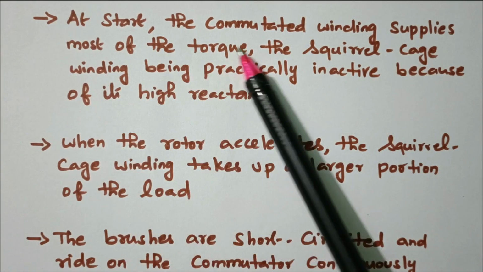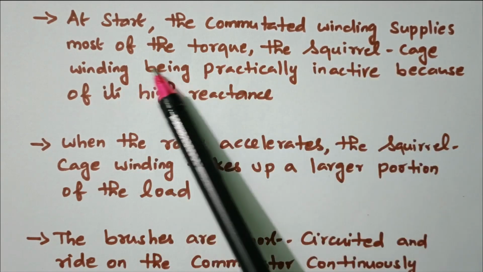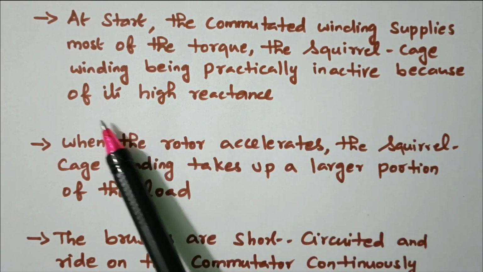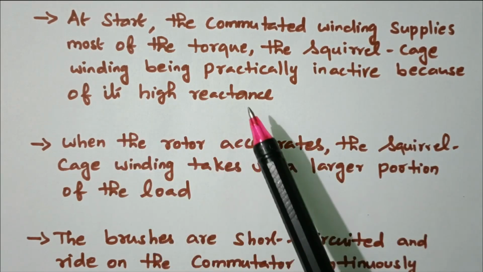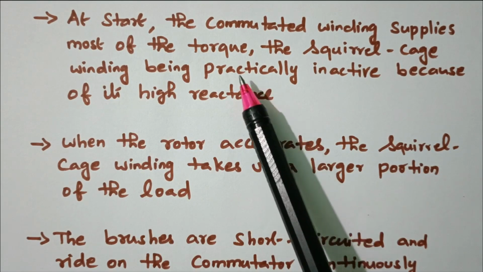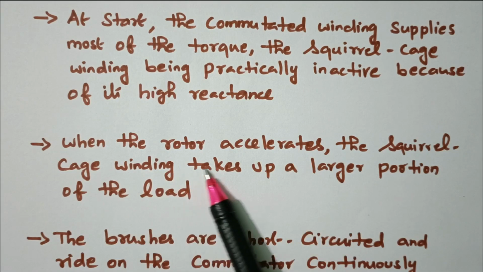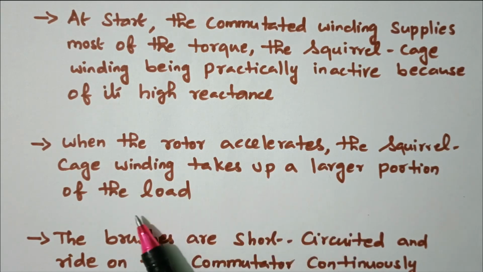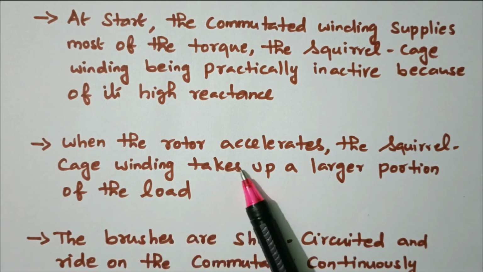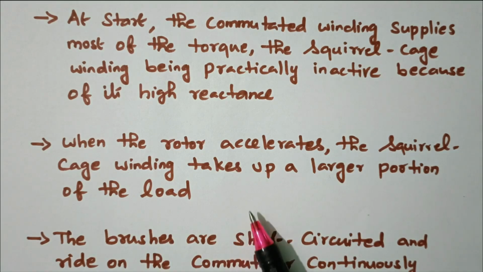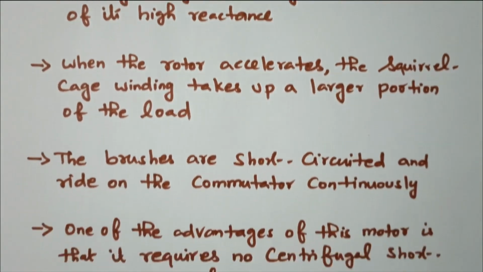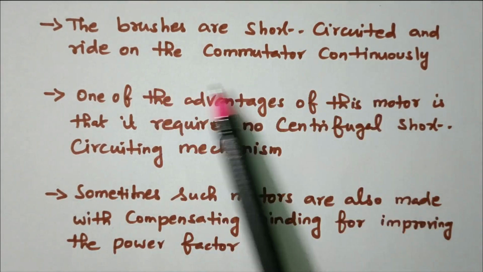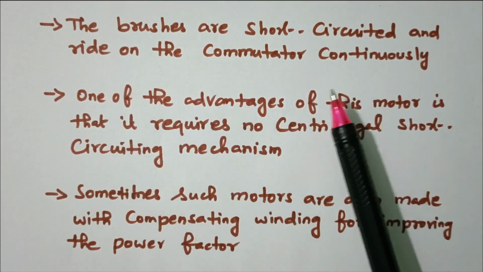At start, the commutated winding supplies most of the torque, the squirrel cage winding being practically inactive because of high reactance. When the rotor accelerates, the squirrel cage winding takes up a large portion of the load. The brushes are short circuited and ride on the commutator continuously.